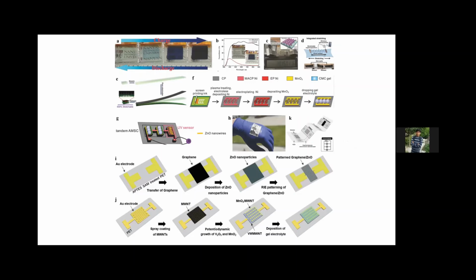For wearable devices, planar devices is the good option, because here we can make the pattern. So here are some examples. For example, this is the pattern they designed first, and they use this pattern and screen printing method.